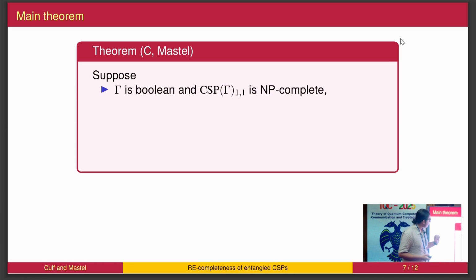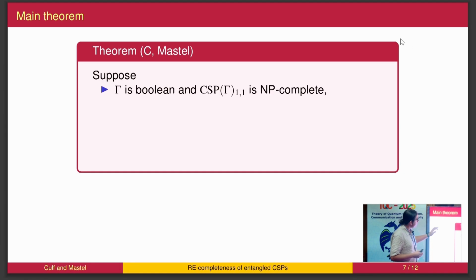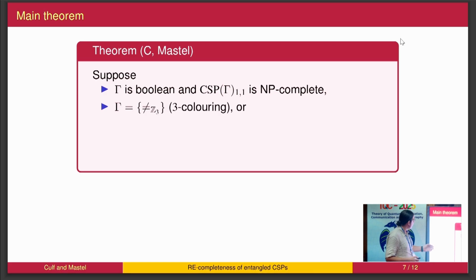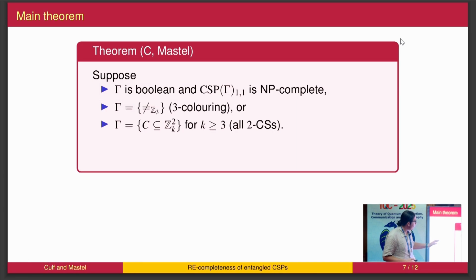So we show a few cases. If the original classical CSP was NP complete, and the alphabet is Boolean, so this captures 3-SAT, but not 3 coloring, for example, or the constraints are the 3-SAT constraint, or the constraints are the set of all 2 CSPs.